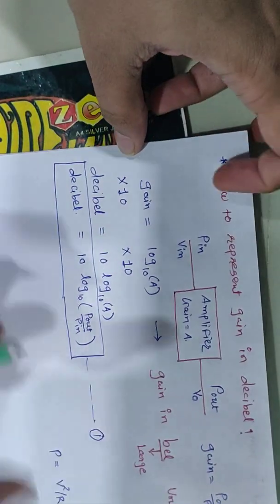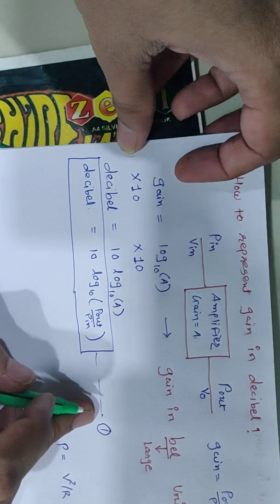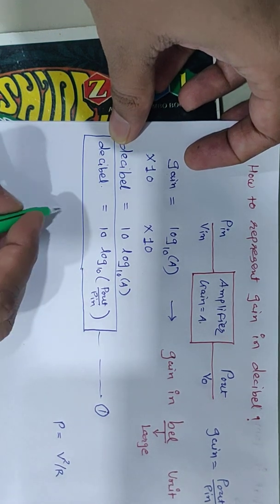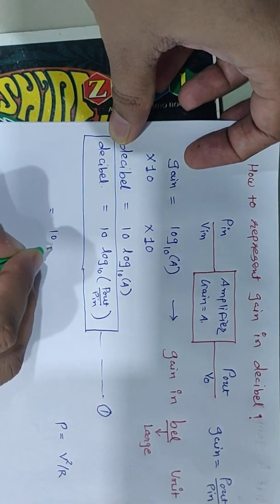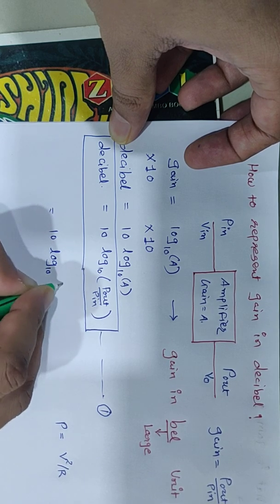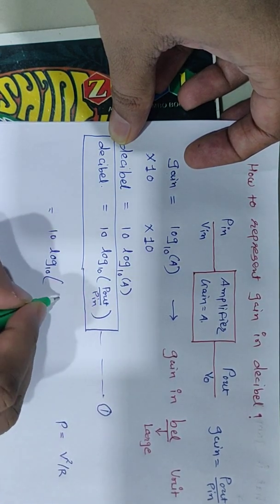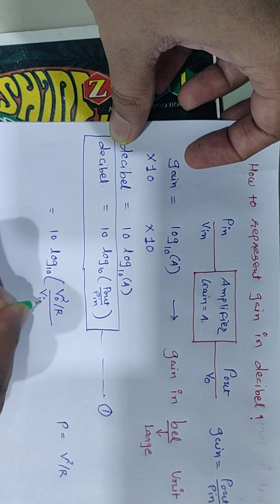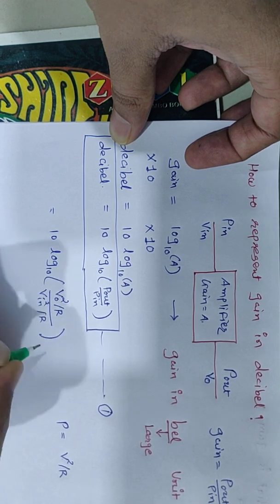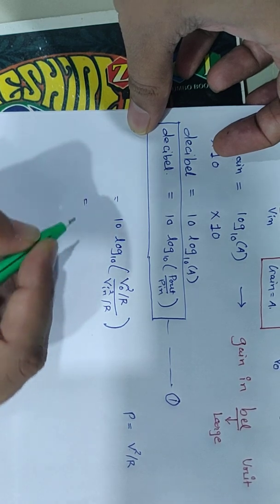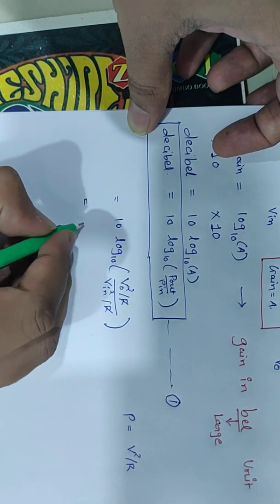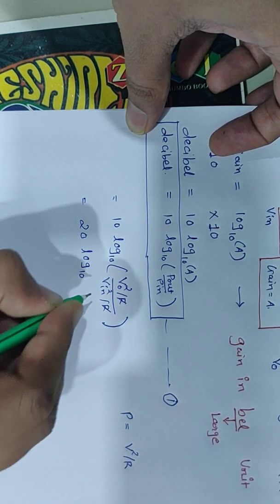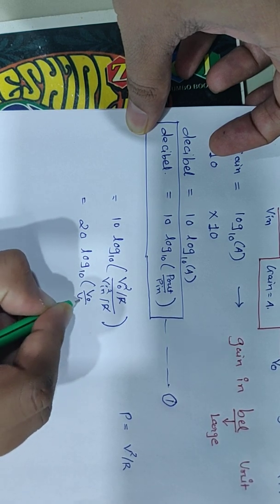Now in the similar equation number 1, we put P out and P in in terms of V square by R. So the equation becomes 10 log base 10 of V out square by R divided by V in square by R. Now the R cancels out and the final equation becomes 20 log 10 V out upon V in.